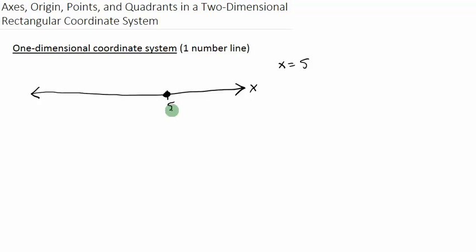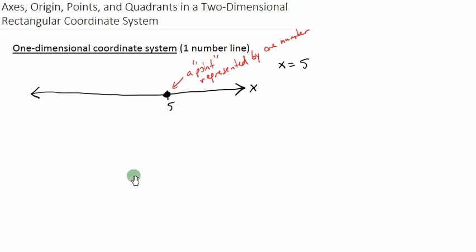Of course, if 5 is here, then 6 is to the right of it, and 0 is to the left, and you kind of get an idea of where all the other numbers are. But in one number line, you represent a point such as this one by one number. You need one number to locate a point on this one-dimensional coordinate system.